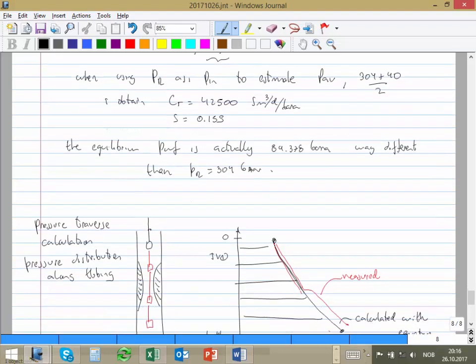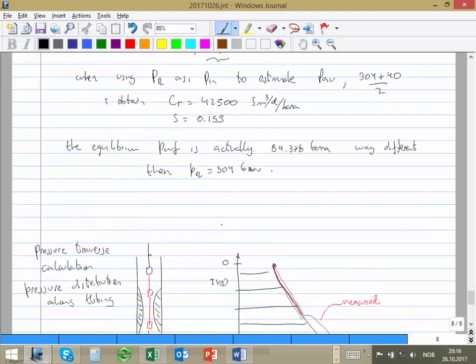Using this pressure, this average pressure, P average now will be 84.378 plus 40 divided by 2. I obtain a CT of 419 something, and I obtain S equal to 0.151.